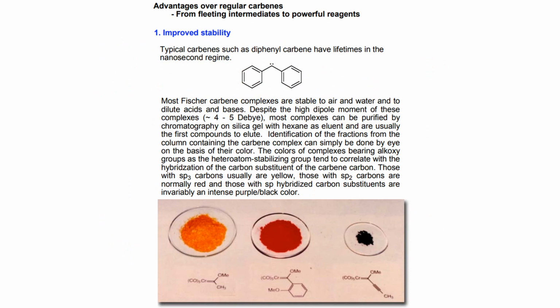For regular carbenes, they have lifetimes in nanoseconds because they are very unstable and very reactive. Most Fischer carbenes are air and water stable, and in dilute acid or bases they are fine. Despite the high dipole moment between the metal and carbon, they can be purified by normal Schlenk chromatography. With this you can understand that this kind of metal carbene is very stable.